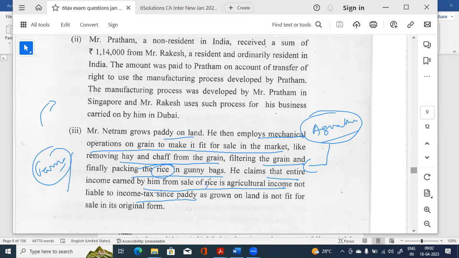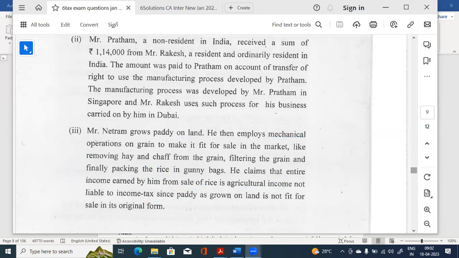So that is the main crux in this, because when we look at another problem, it will be a little different. You need to understand that all these things are done at the place where it is being produced, that is at the land. He employs mechanical operations, but all said and done, it is done there only. It's not done outside. So what are they saying? Let us look at the answer.